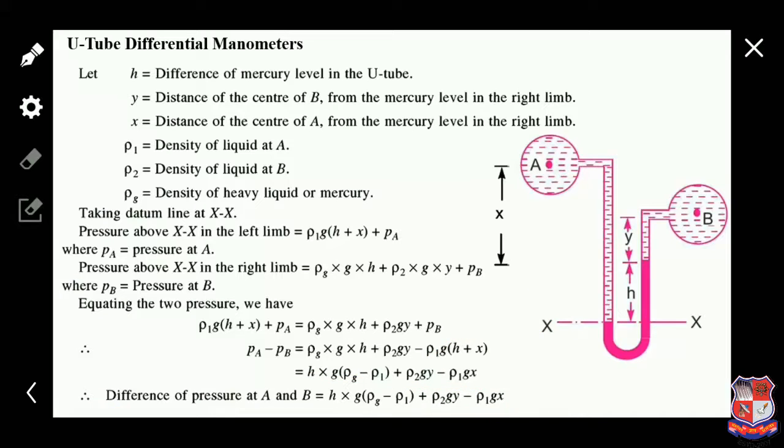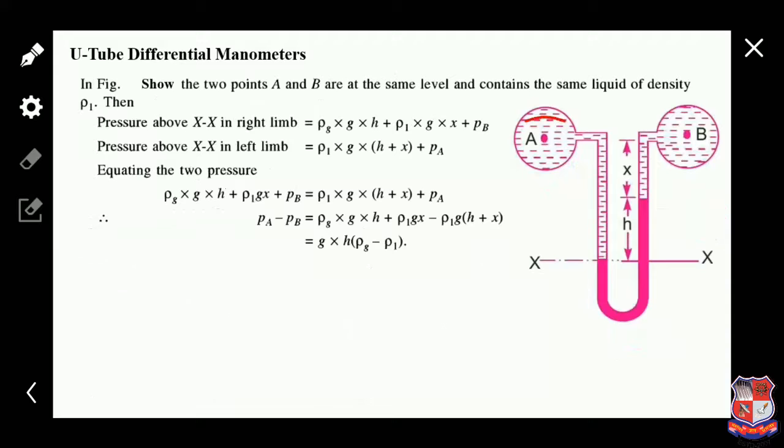Now the other case is also considered: if the pipes are at the same level, or we can say the centers of the pipes are at the same level, then we have to measure the pressure through the U-tube manometer. Similarly, consider the datum line first and compare the pressure in equilibrium condition in the right limb and left limb.